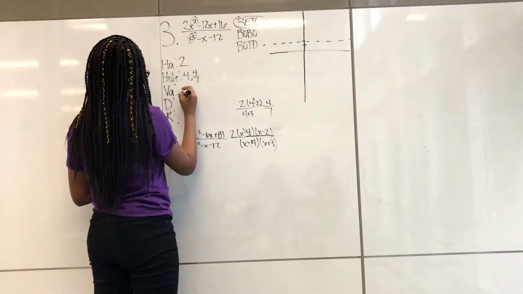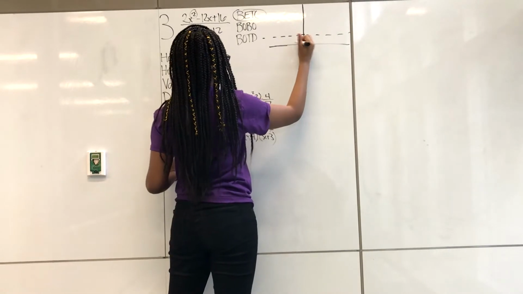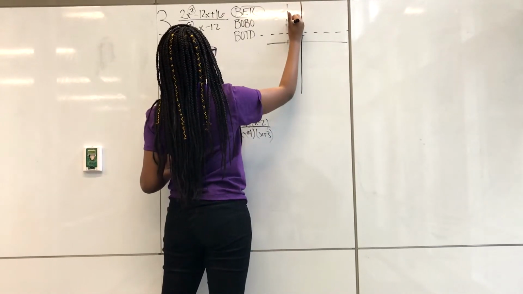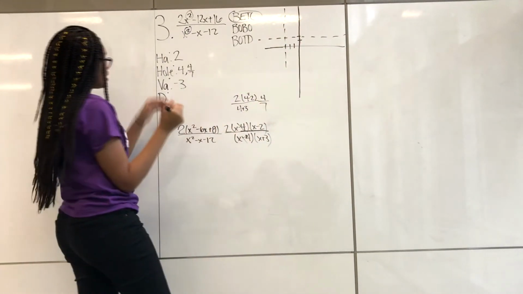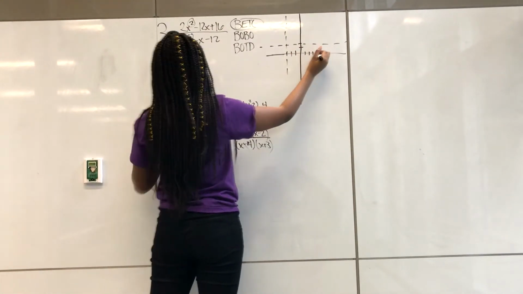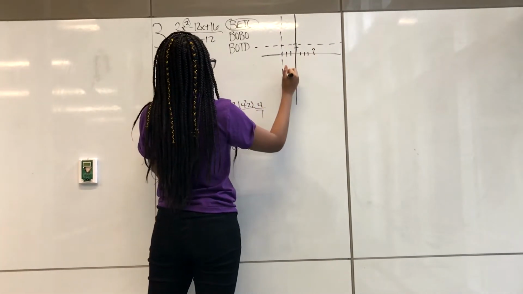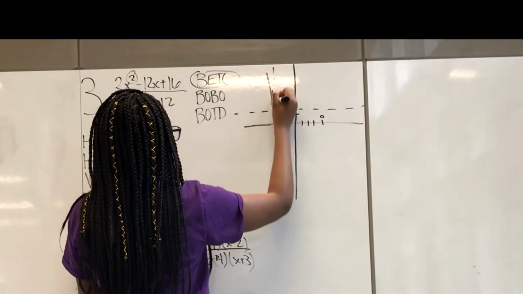So that's going to be negative 3. So the vertical asymptote is at negative 3. And then the hole is at 4 and 4 sevenths. So right there. And you go draw it.